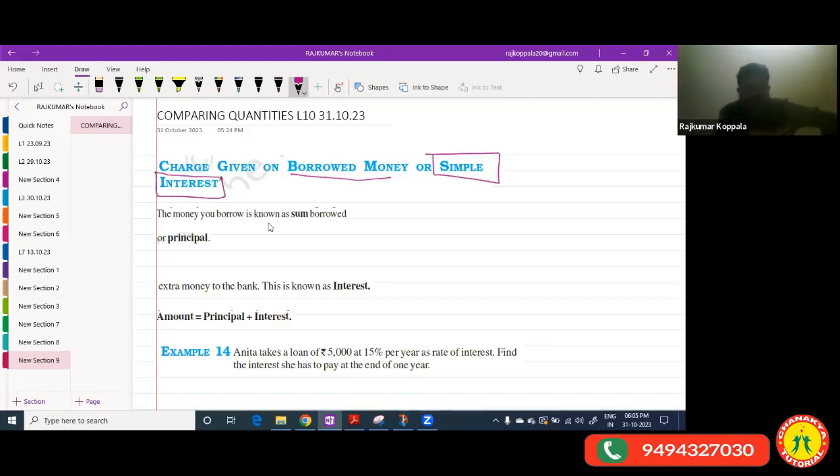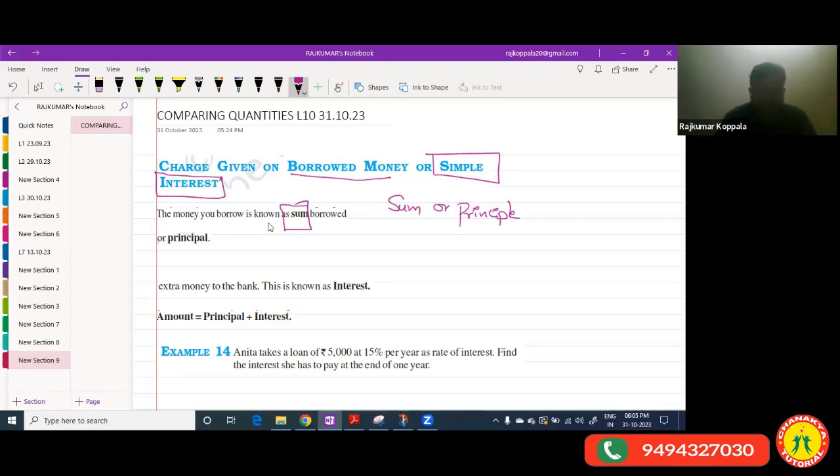For example, if you take money from others as a borrow, that amount is called the sum of amount, or principal amount. Generally, whenever we have to buy a bike or car, we will not pay the total full amount.